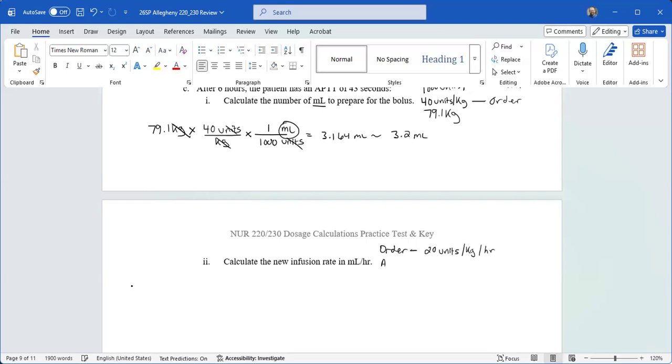The available is 250 ml per 25,000 units of heparin. And the weight is 79.1 kilograms.